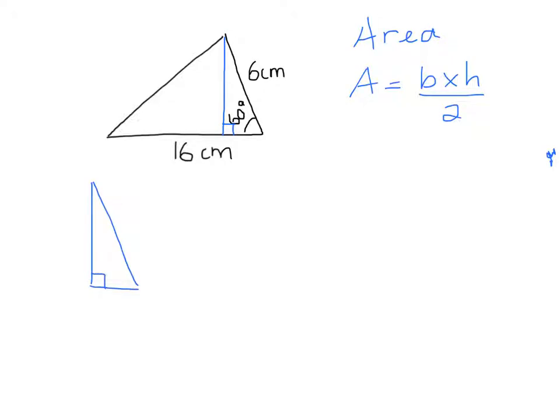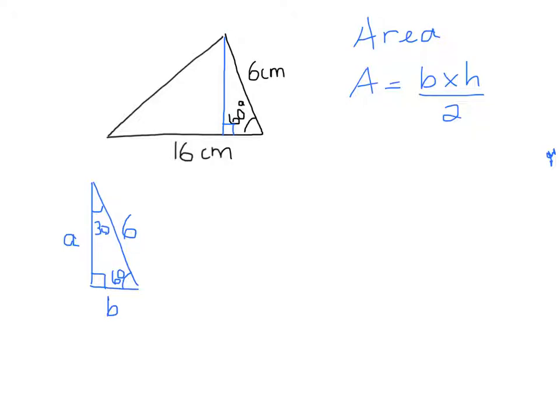Label on my information. I know that this is 6 centimetres. I know that this is 60 degrees. I don't know this length down the bottom, so I'm going to call this B, and I don't know this perpendicular height, which I need to work out the area. I'm going to label that A, and I'm going to label my other missing angle as 30 degrees.